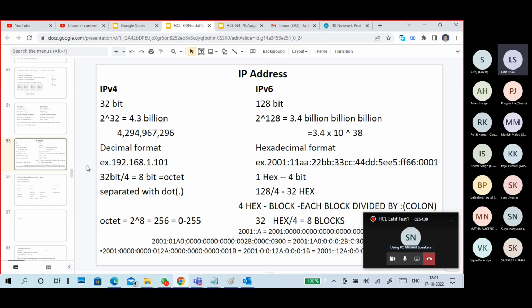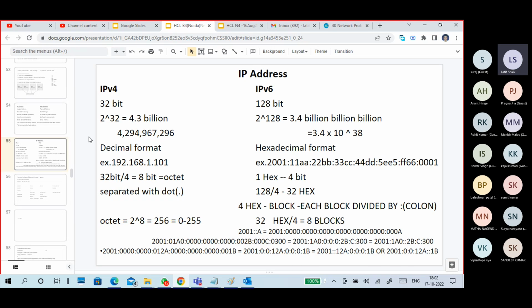IPv4 is represented in decimal format. It is like 192.168.1.1, 10.20.30.40 kind of stuff. But IPv6 is in hexadecimal format. So here is the calculation. There are 32 hexadecimal numbers we are using.